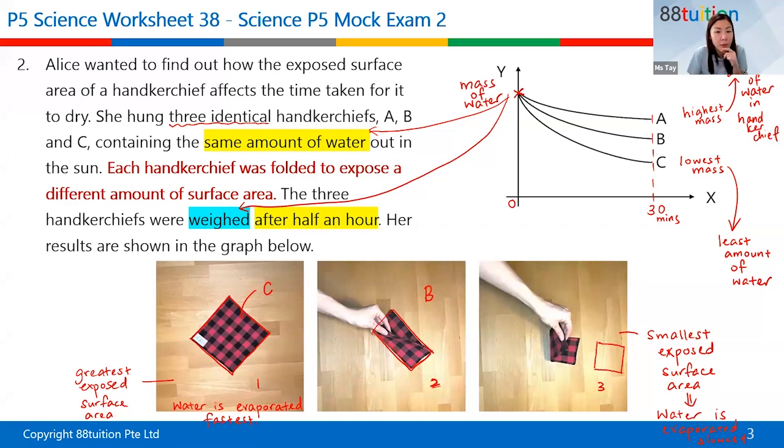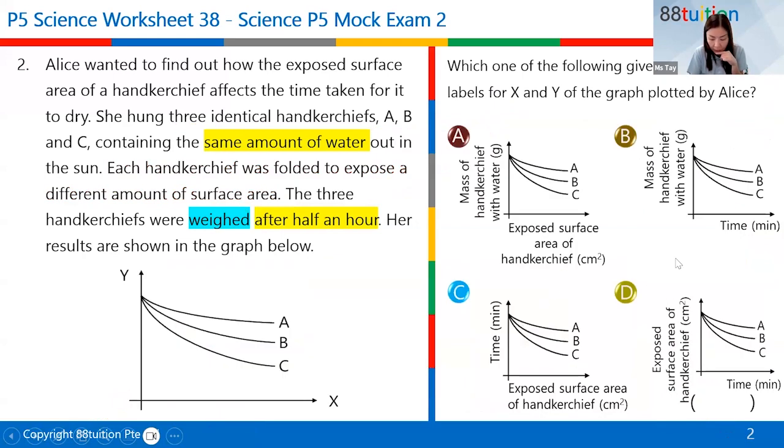Any question here? If you don't understand, you have to refer to this slide. Look at how the handkerchiefs are being hung to dry under the sun. If I go back to the previous slide, our answer is actually B. I went on to explain how the handkerchiefs look because some students were asking me what the meaning of exposed surface area is.